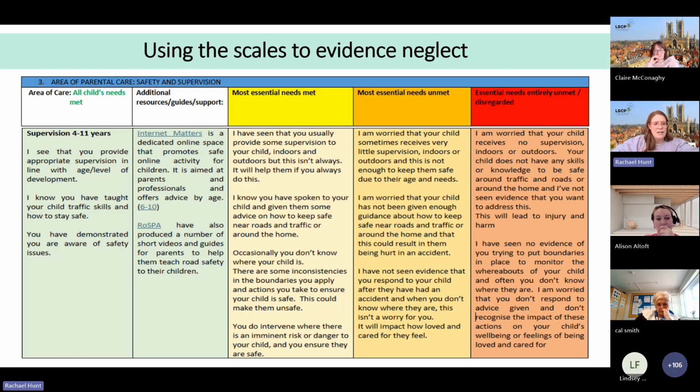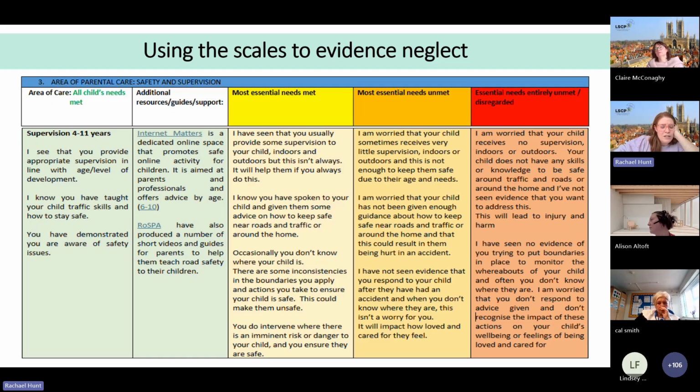The next couple of slides are quite busy because they're screenshots. This is a screenshot of the scales, and you'll see that they are separated into areas. This one is the safety and supervision area, and in the supervision section they're split up by age, because as I said, it will be different for different ages of children in terms of what we expect. You'll have a good example over here of what it looks like if all the child's needs are being met.